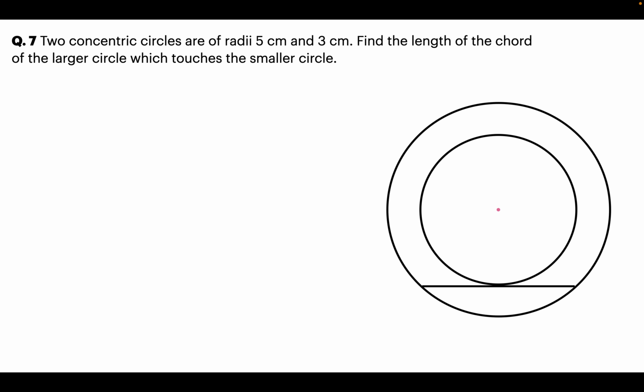So if this chord is touching the smaller circle, does it invariably mean that this line is going to be a tangent to the smaller circle? Yes, if it touches the circle, that means it is touching only one point.